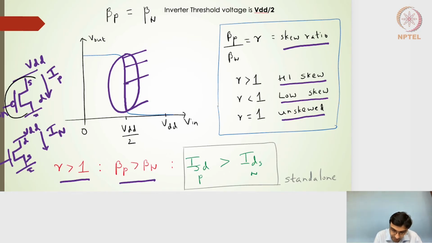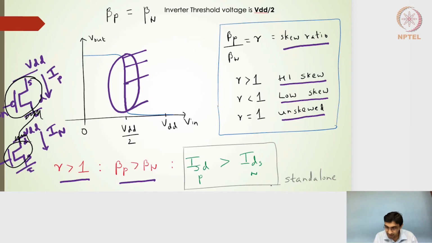If I disconnect this ground and VDD and then connect it here, the currents of these two transistors which are in series should be the same. Although the betas are different, right? If I connect it in series, I will get the same current.